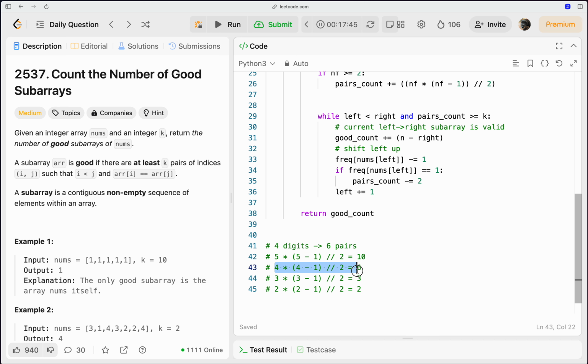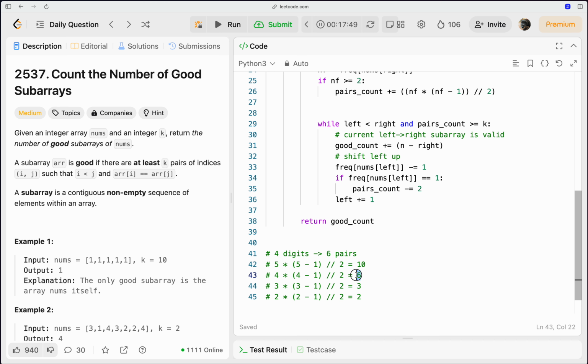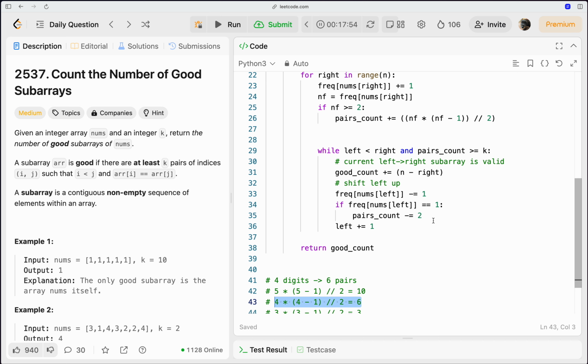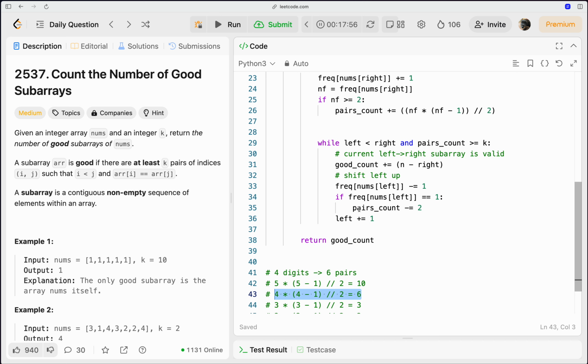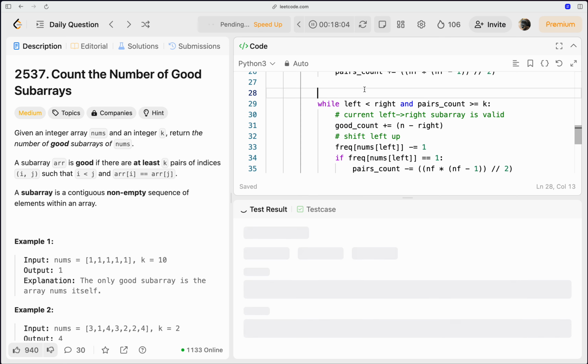But then in the past we were doing this. So don't we have to minus 6 first? Maybe. Probably. And then I think the same thing goes here. So let me run this. It's not going to work.